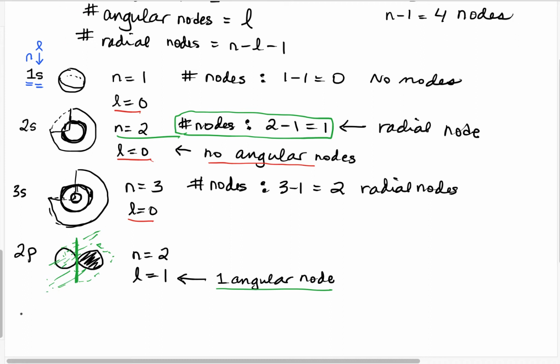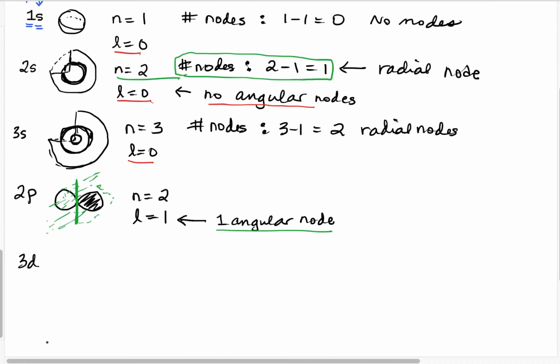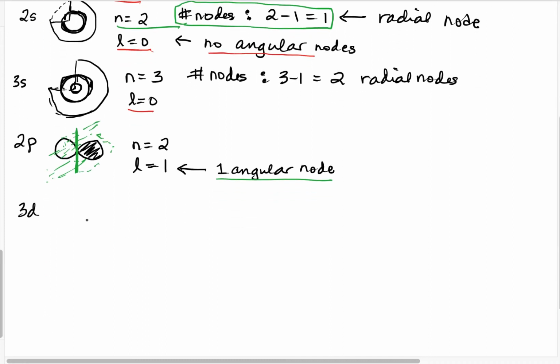Okay, we also looked at a 3D orbital. Most of these 3D orbitals looked kind of like this. Oof, that's not a very pretty one tonight. Sorry about that. So N is equal to 3, and L is equal to 2.